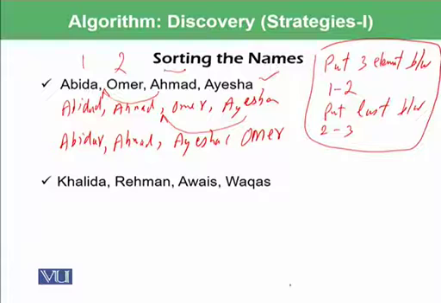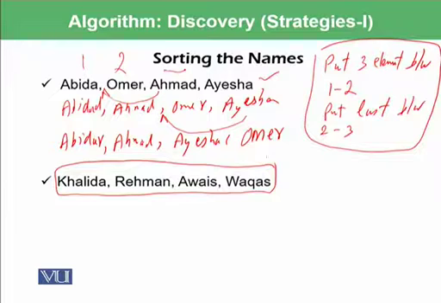However, the same algorithm cannot be applied when we have a different input. Can you apply the same procedure, for example, put the third element between first and second? Like Awais can be put over here: Khalida, Rahman, Awais and Waqas. We cannot put Awais between Khalida and Rahman because Awais should go before Khalida.